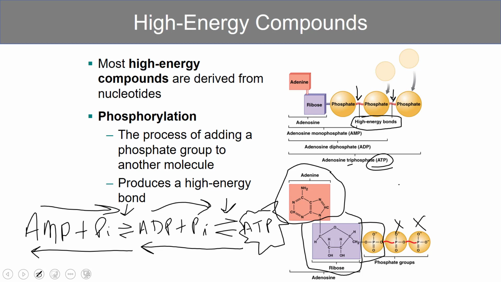And when the cell needs to use that energy to do work, it simply allows that firecracker to be lit, it bursts, it can capture that energy, force it to do work, and in that case you lose the bond in the phosphate group. You basically get a movement in this direction where you remove a phosphate group.